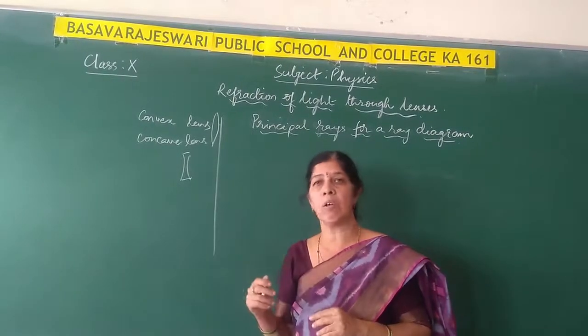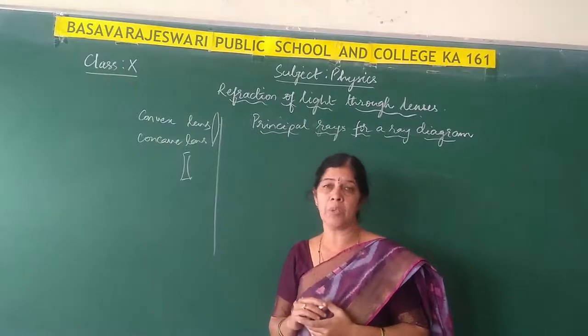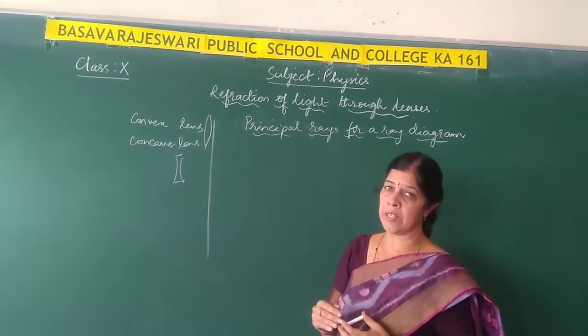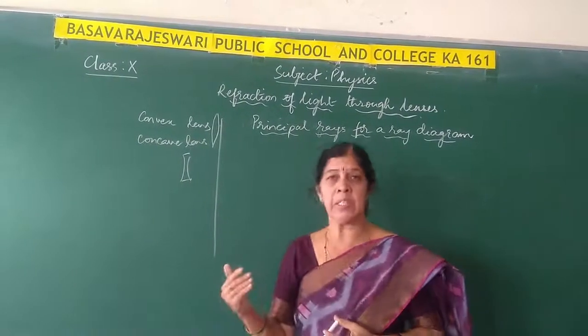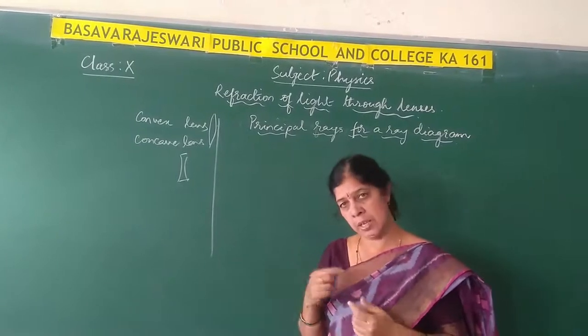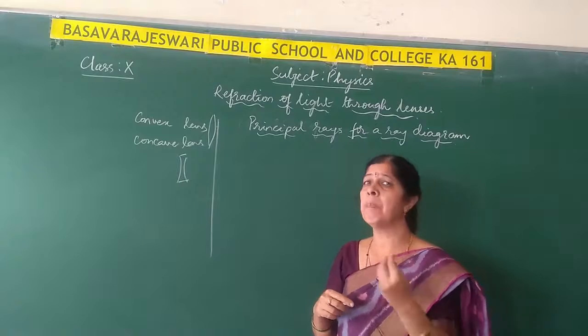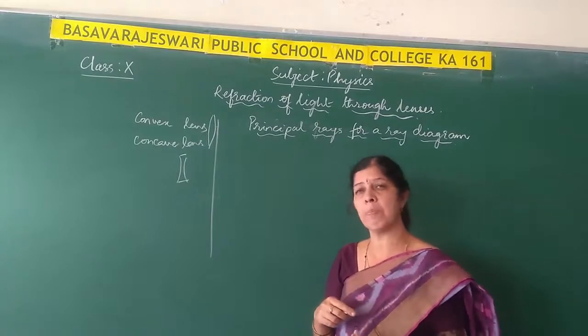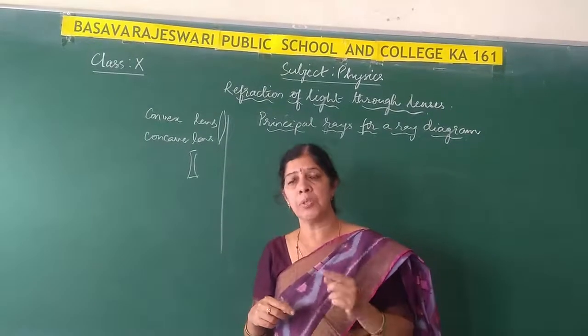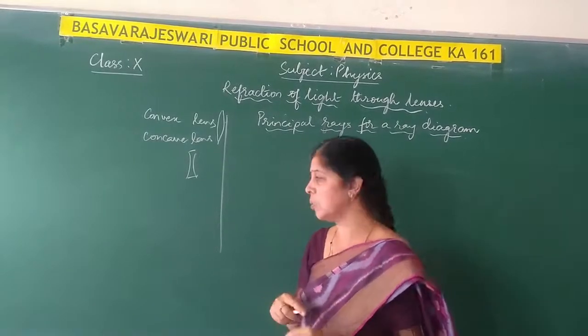So remember, in convex lens, principal focus is a real point. Understood? Whereas in case of concave lens, the emergent ray diverges, the refracted ray diverges, and if you produce that ray backwards, then it appears to come from a point, a virtual point on the principal axis. So you should remember that for concave lens, the principal focus is virtual.